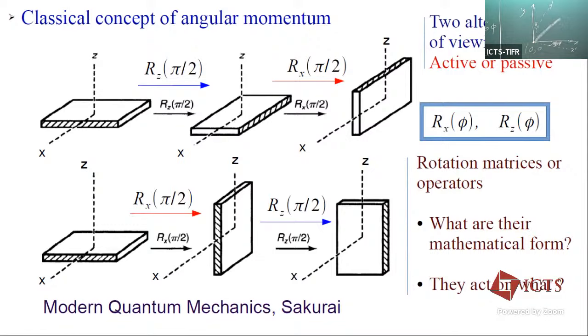Also, it is a relativistic concept because it depends on which frame of reference you are looking at the system. So spin is the intrinsic angular momentum of a particle in its rest frame. This is the definition of spin in quantum mechanics. So spin has no classical analog in this definition.